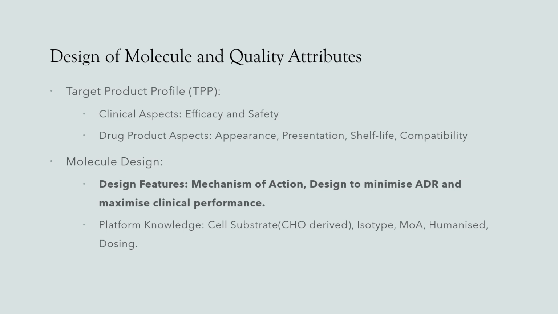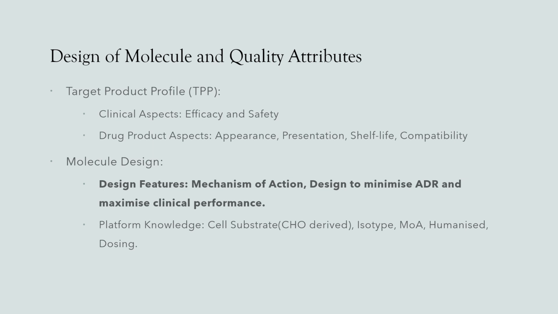And we use the knowledge that we've gained from prior knowledge with regards to cell substrates, and this is the CHO-derived information. Knowledge that we have about these isotypes, the IgG1, and knowledge with regards to the mechanism of action. So what type of therapeutic mechanism do we want to see?